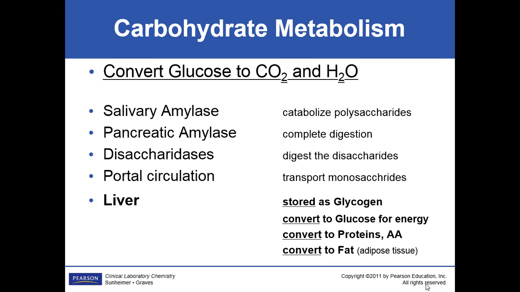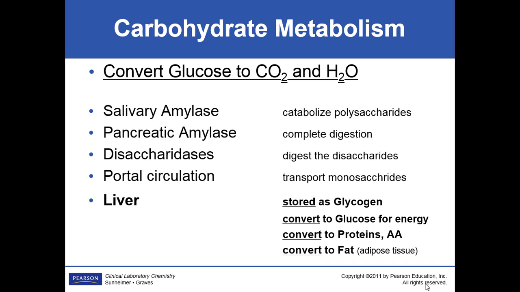Disaccharidases tell me that this is going to work on a disaccharide. Started out with polys, they've been broken down. Now this enzyme disaccharidase is going to come in and start breaking it down even further to get it to the monos. Okay? And then it dumps into your bloodstream. And those monos are going to go everywhere, all over your body. All our cells are going to need them.